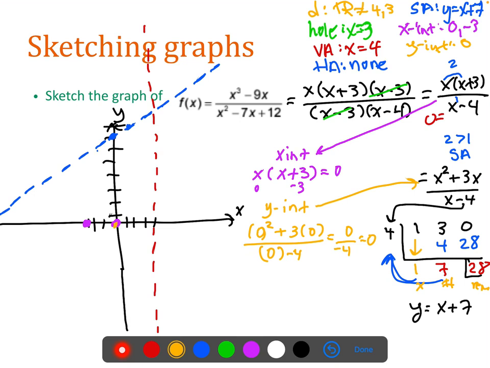I have a y-intercept at 0 also. I have no HAs. I have a hole at x equals 3. So I'm going to keep that in mind. There's going to be a hole coming off of x equals 3 when I start drawing my graph. All right. Anybody else that I have?